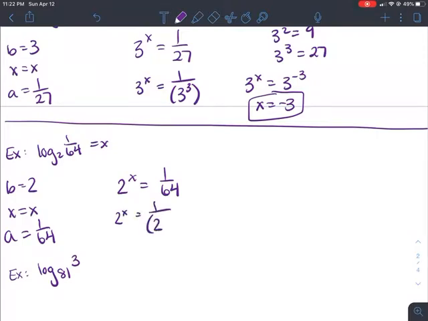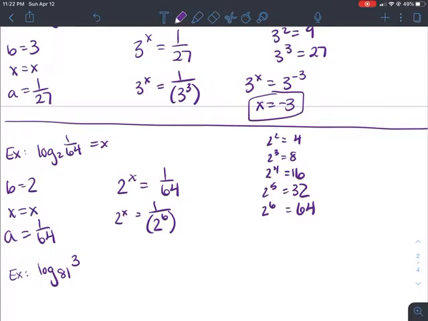Now I need to find that out. So I know 2 squared equals 4, 2 cubed equals 8, 2 to the 4th equals 16, 2 to the 5th equals 32, 2 to the 6th. That seems like my lucky number. That gives me 64. So I'm going to put 2 to the 6th. Now, 1 over 2 to the 6th can also be written as 2 to the negative 6th.